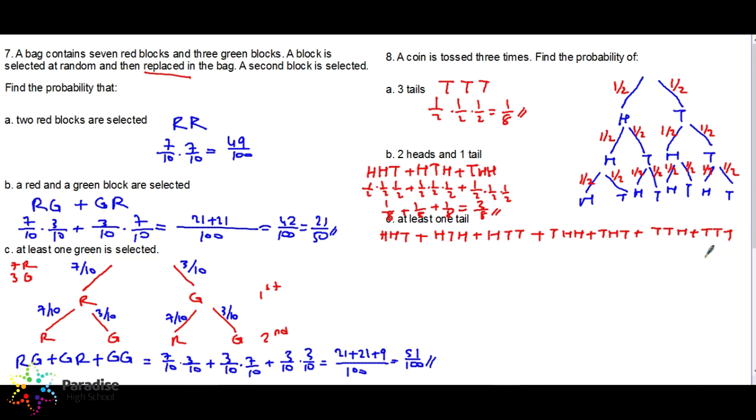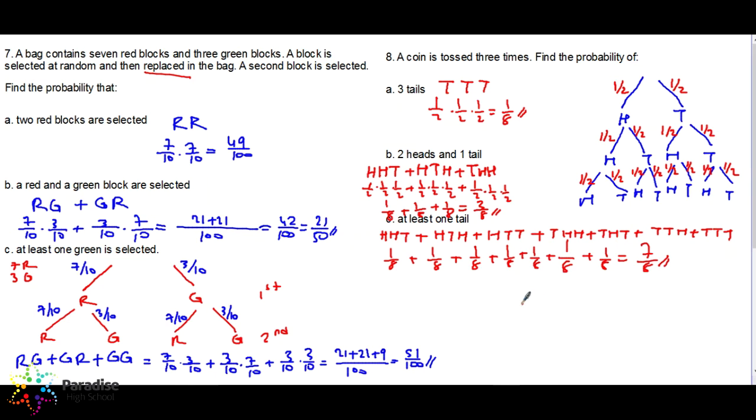If you look at all these possible outcomes, you will realize that there is at least one tail. It could be one tail, two tails, or three tails. Each of them has probability 1 over 8, which is 1 over 2 times 1 over 2 times 1 over 2. I'm not going to rewrite it again. So we got 7 times 1 over 8 here: 1, 2, 3, 4, 5, 6, 7. So that makes 7 over 8.